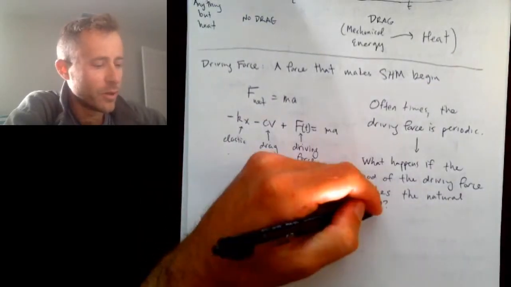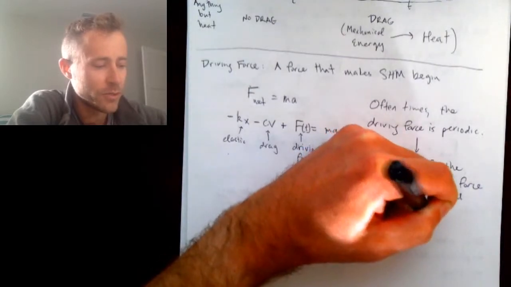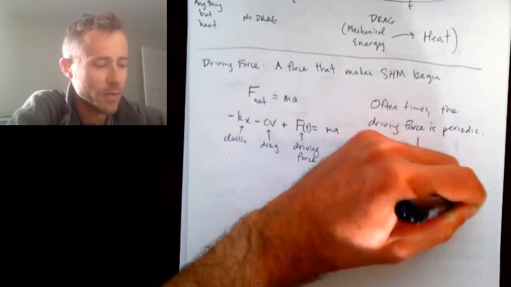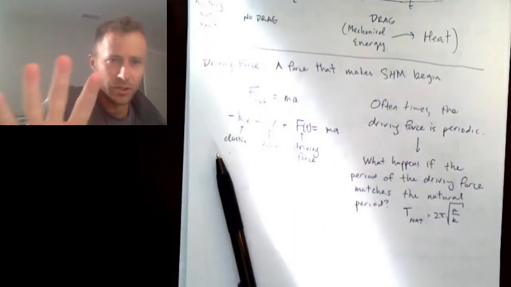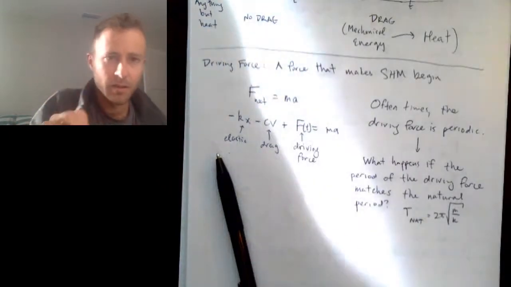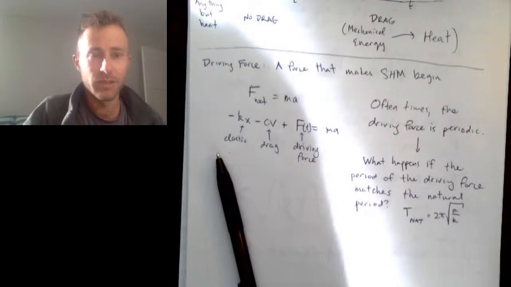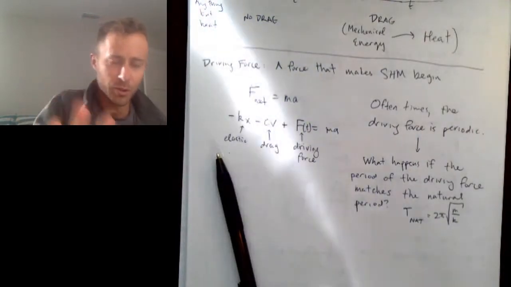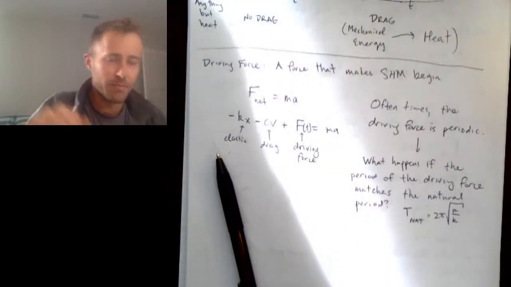In other words, the natural period for a mass spring system is just going to be 2 pi square root of m over k. So what happens if you are pushing the mass spring system once every second, and the period is 1 second? Then basically you're pushing it at exactly the same point in the motion every single time.